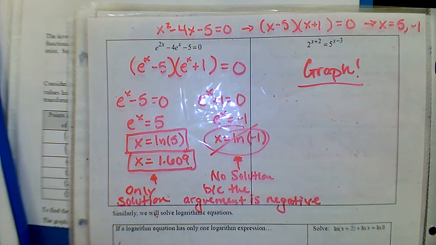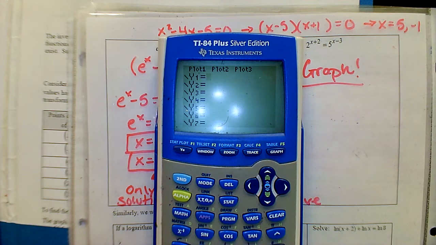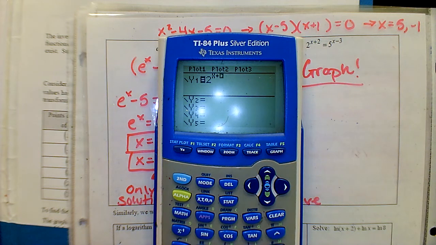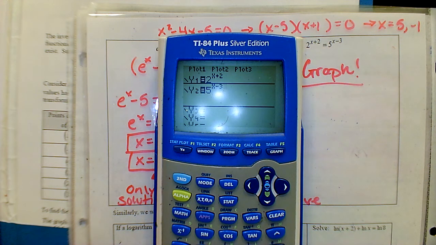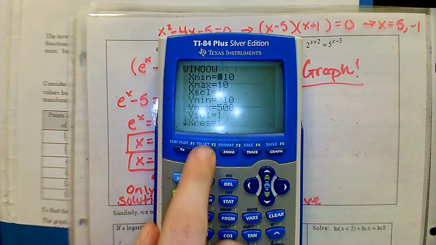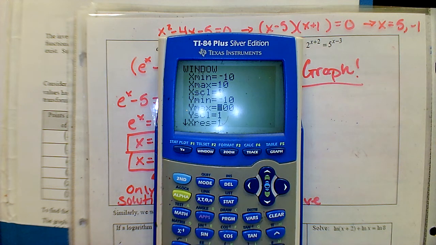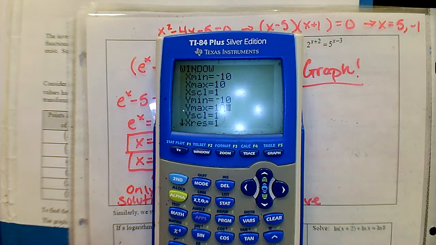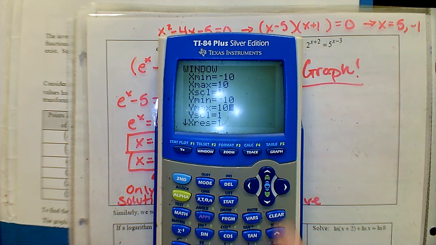All right, so let's see. In y1, we'll type in 2 to the x plus 2 power. In y2, 5 to the x minus 3. Maybe we'll let our window be -10 to +10 in every direction, just as a starting point.